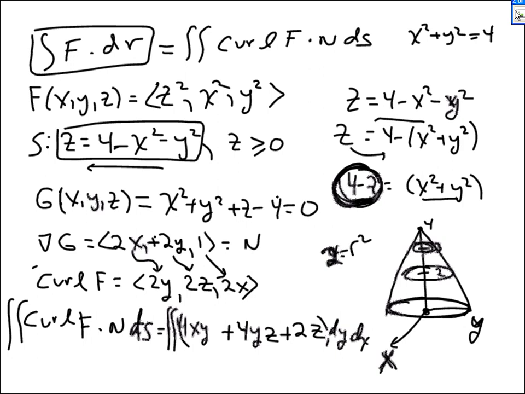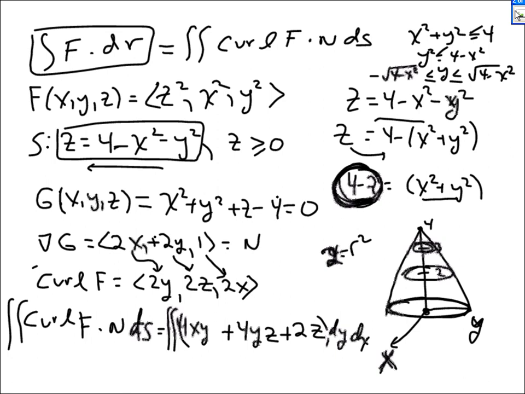So that means y squared is equal to 4 minus x squared. That means y goes in between negative the square root of 4 minus x squared and positive the square root of 4 minus x squared.